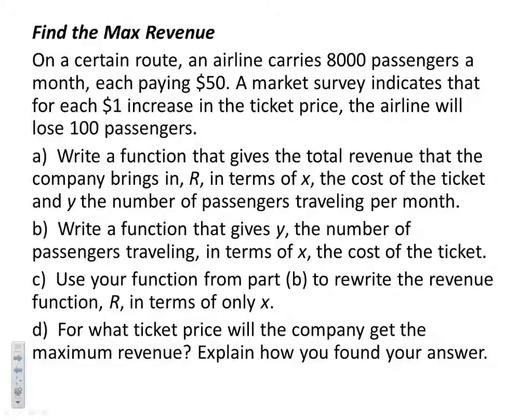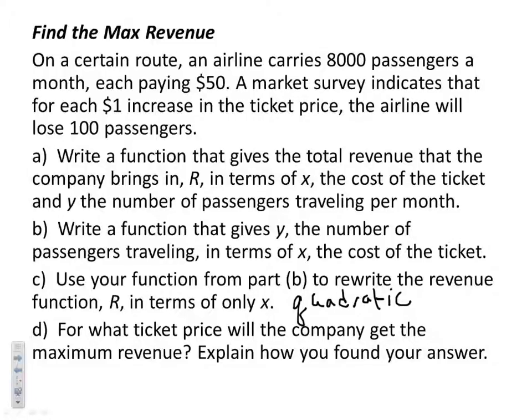My hint to you guys is that your equation that you get in part C should be a quadratic. I'm looking for a quadratic, okay? So after part B, when you rewrite the equation in terms of x, you should get a quadratic.